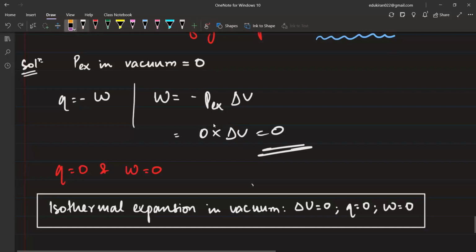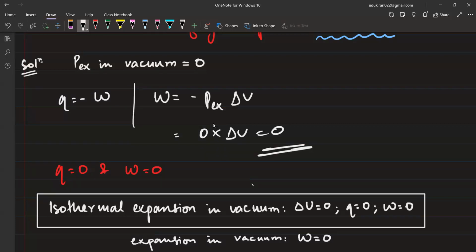And another thing to remember: if someone doesn't say isothermal and only says expansion in vacuum, the volume is changing, but since P external is equal to 0, in that case W will be at least equal to 0. Whether some energy is given or not is another matter, because if the temperature is changing, we will obviously say there is some heat involved, but work done is equal to 0 if we have expansion in vacuum. Is that clear?